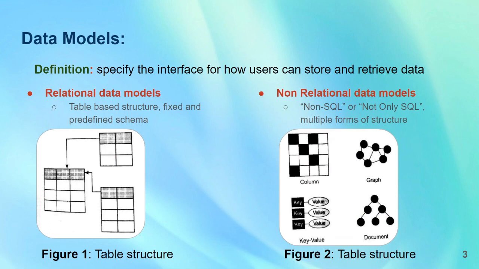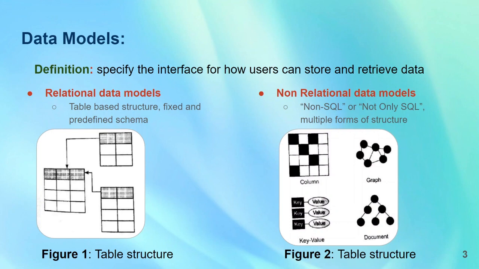Data models specify the interface for how users can store and retrieve data. There are two main types of data models, relational data models and non-relational data models. Relational data models are known to be a table-based structure with a fixed and predefined schema. This model is great for maintaining consistency and enforcing data reliability.